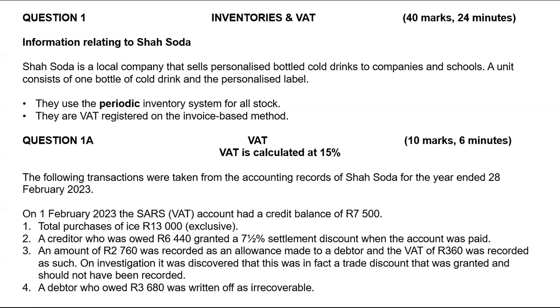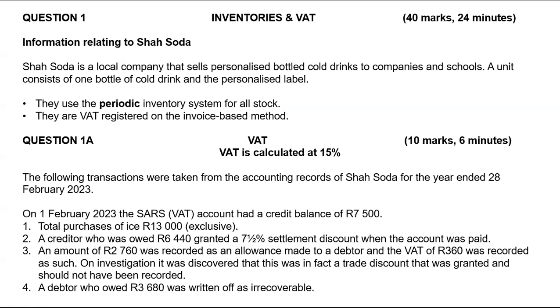Now, the VAT of 360 was recorded as such. So the debtor returns goods, and then we recognize VAT of 360, which is VAT input. Understand this, when we sell goods to a customer, we sell them at a price inclusive of VAT, right? And VAT on goods we sell to a customer will be VAT output.